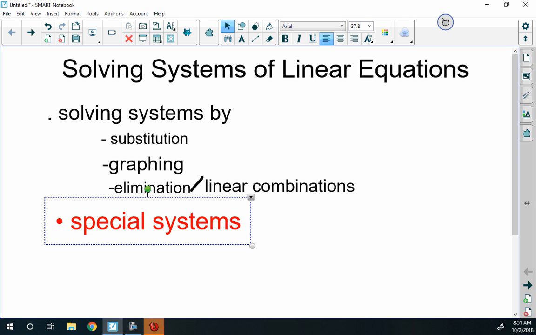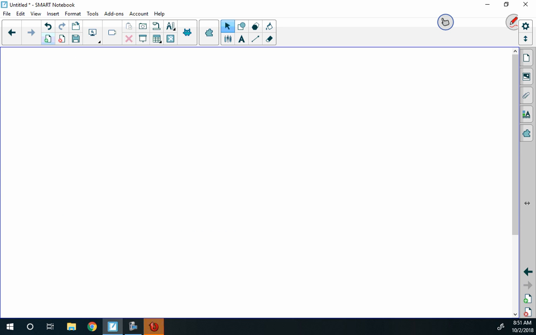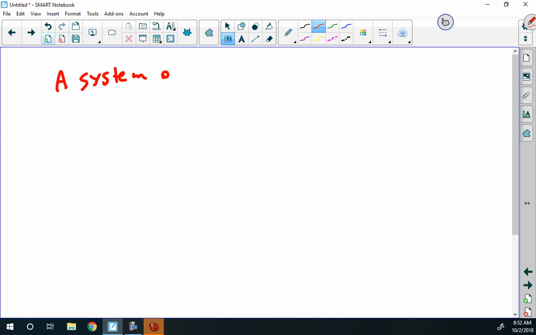If you've witnessed some of my lessons, you'll probably recall I like to start off with a definition. Makes sense. So the first thing I'll do here is define what a system of linear equations is.